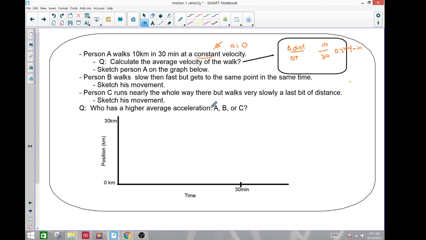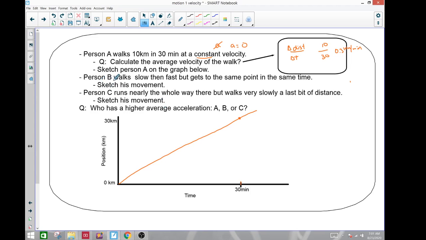Okay, so how did that work? Well, position, time. At this time, I'm at this location. And it's constant, so I do the best I can with my pencil and draw a straight line. I could have stopped there. I should have stopped there.